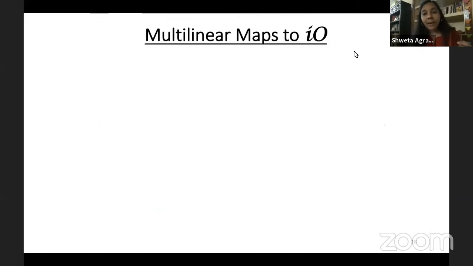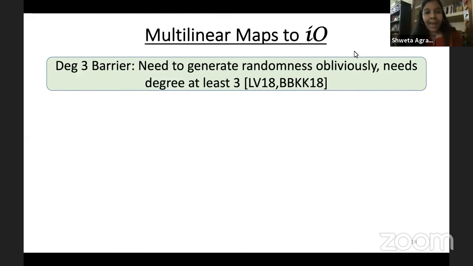But pretty soon this excitement sort of gives way to depression because we don't actually have these degree 3 multilinear maps, right? And where is this degree 3 barrier coming from? So just at a very, very high level, we'll see more of this in the rest of the talk, but I just want to give you a flavor.